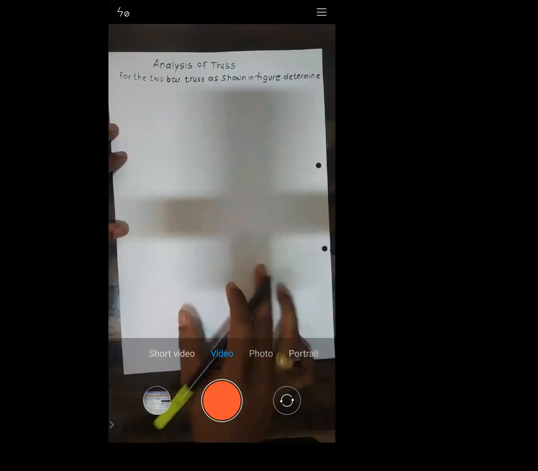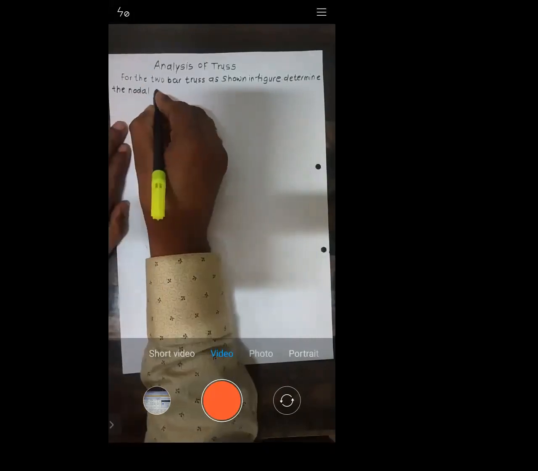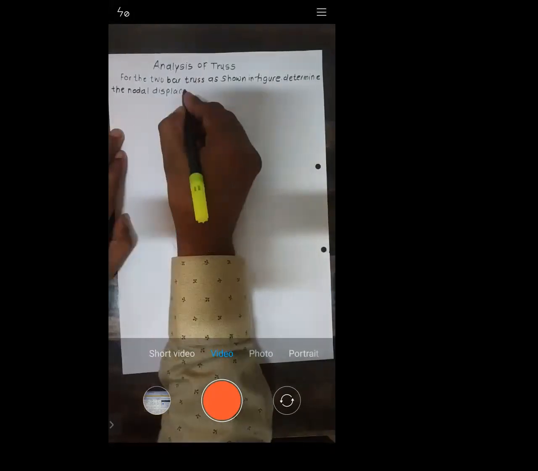I will write down the problem. For the two bar truss as shown in figure, determine the nodal displacements.